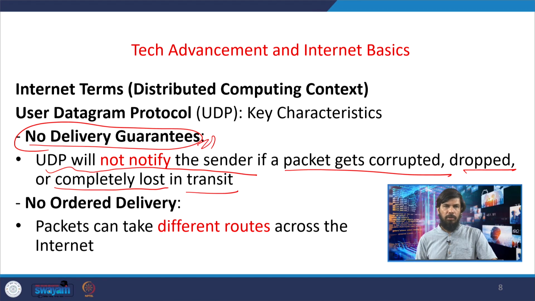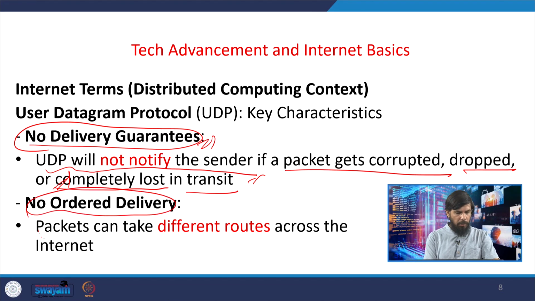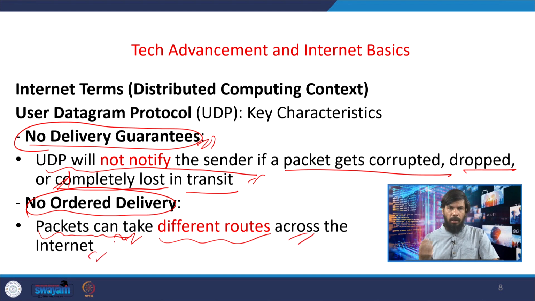In those situations UDP is more suitable, and its characteristic of not notifying the sender fits those kinds of scenarios. No ordered delivery. As we discussed, at the IP level packets can take different routes across the internet, and UDP will not be looking to ensure ordered delivery.